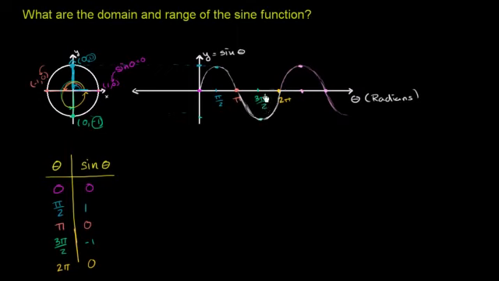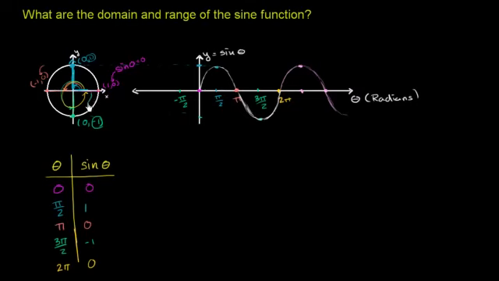What about negatives? Obviously, as you keep increasing theta, we just keep going around and around the circle, and this pattern emerges. But what happens when we go in the negative direction? Let's try it out. What happens if we take negative pi over 2?